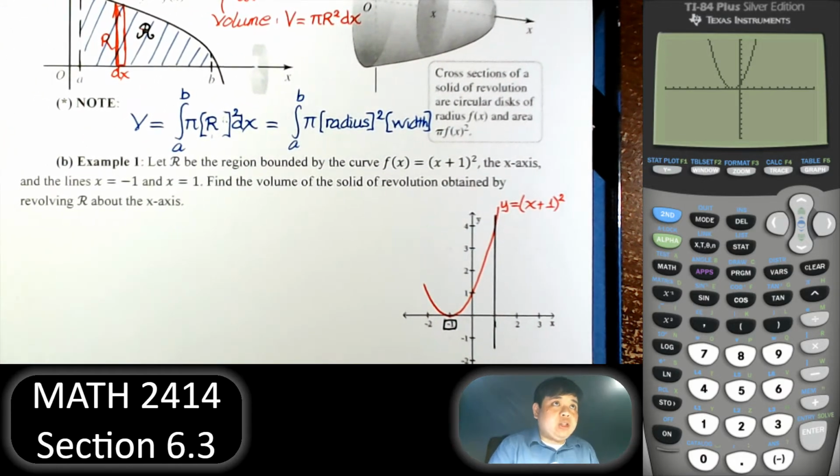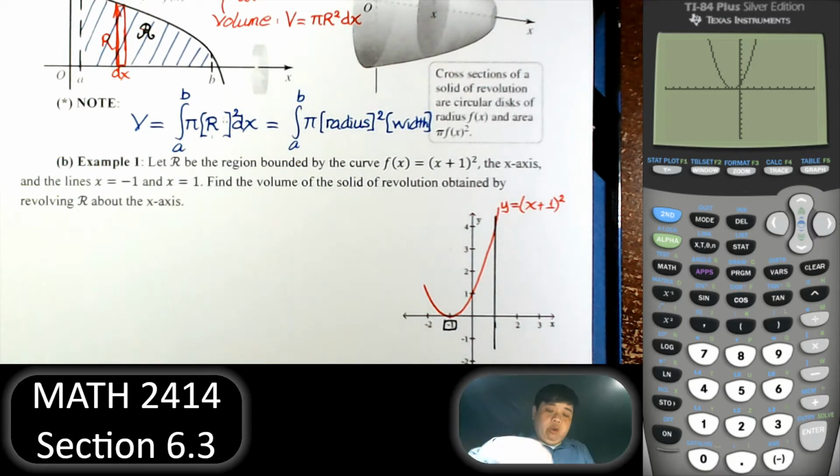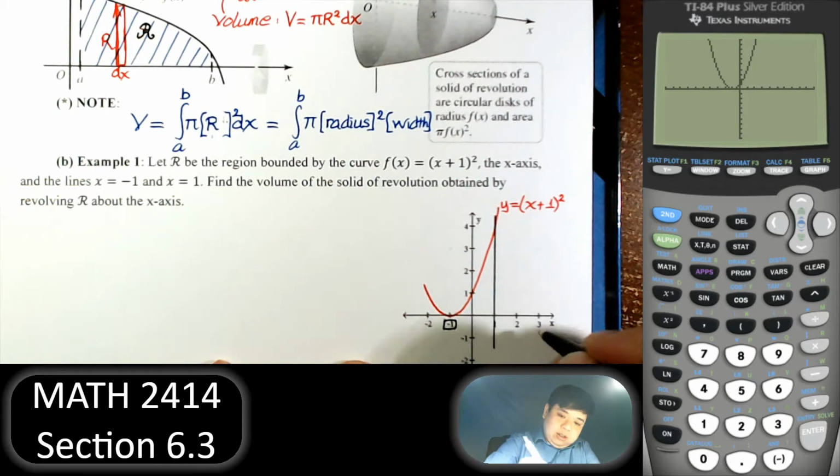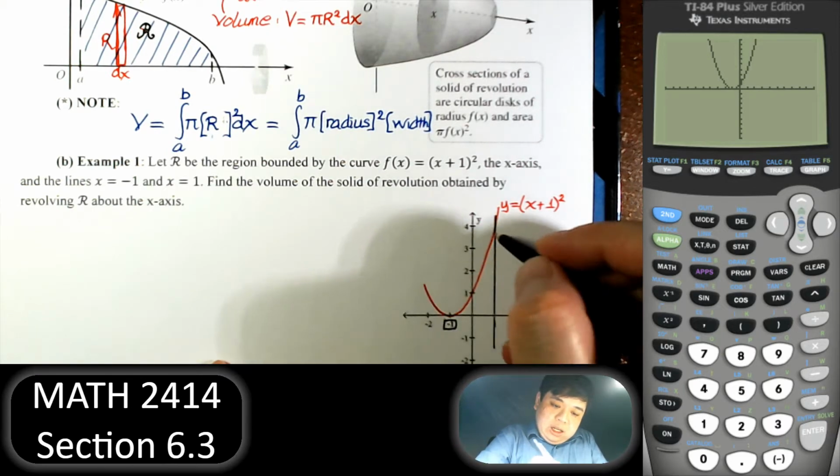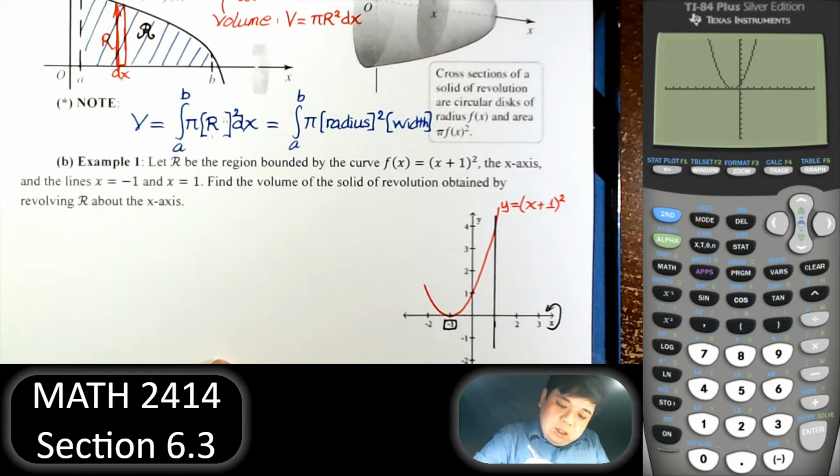Find the volume of the solid of revolution obtained by revolving this about the x-axis. So we will rotate about the x-axis. When we rotate this point here, it moves to about here.